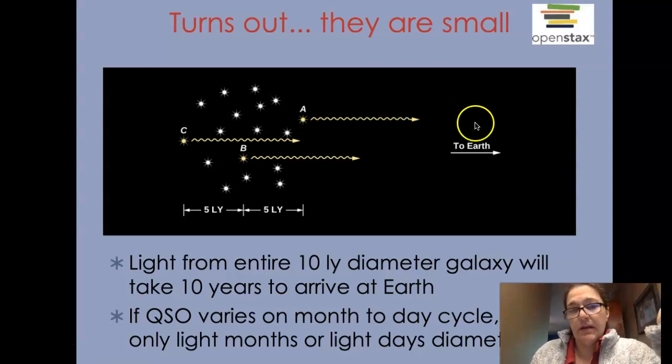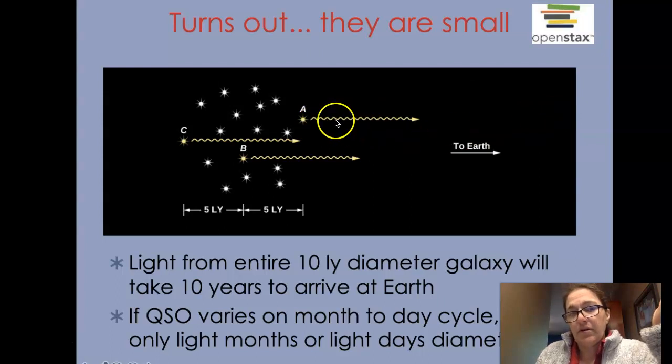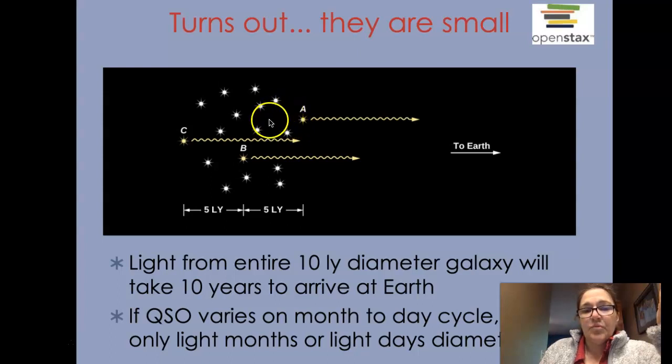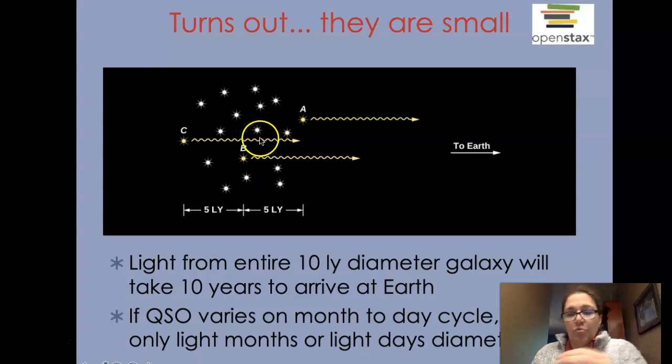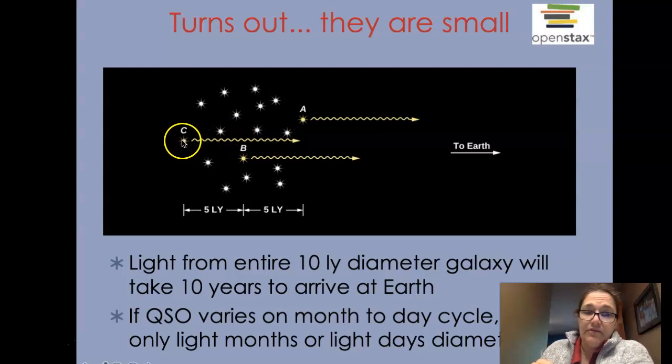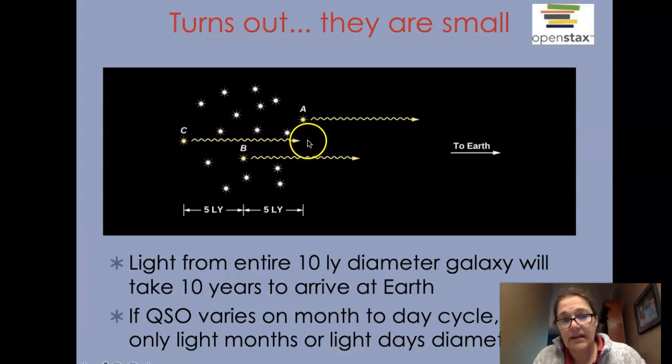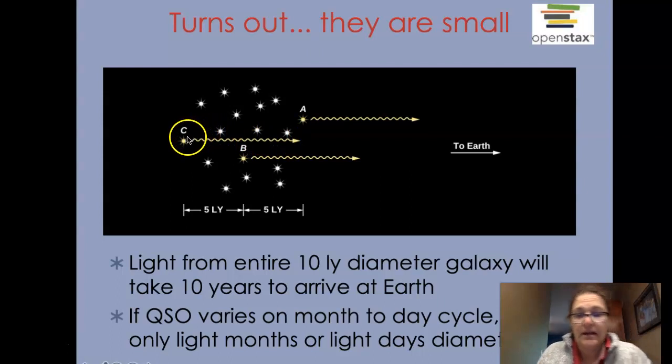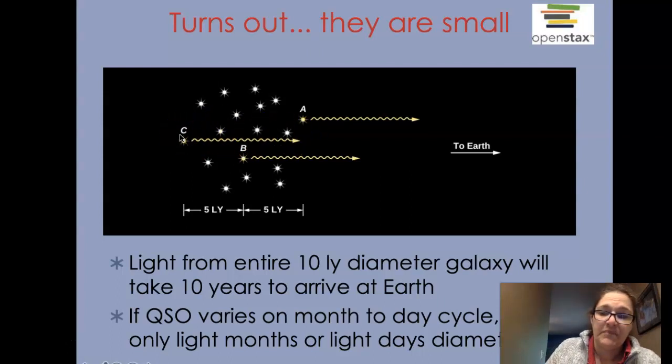So 100 years from now, we receive the light from star A. And then, as the light from these other stars arrives at Earth, this galaxy gets brighter and brighter until the light from star C arrives. Well, since this galaxy is 10 light years across, it takes 10 years for all of this light to arrive at Earth. And so for 10 years, the galaxy is getting brighter and brighter.